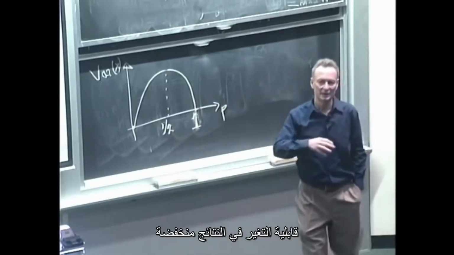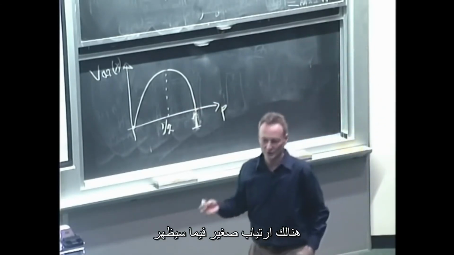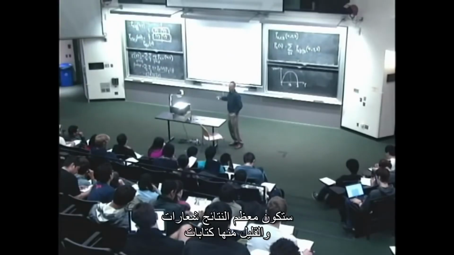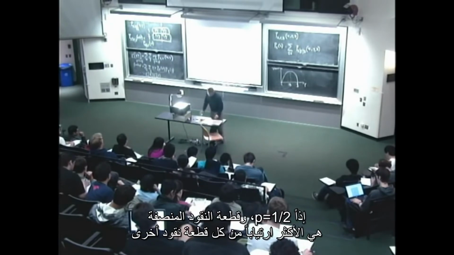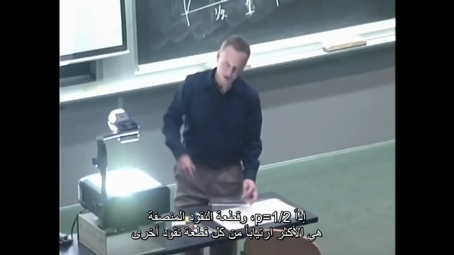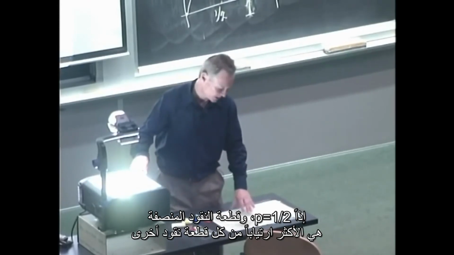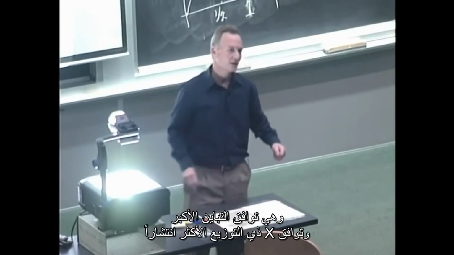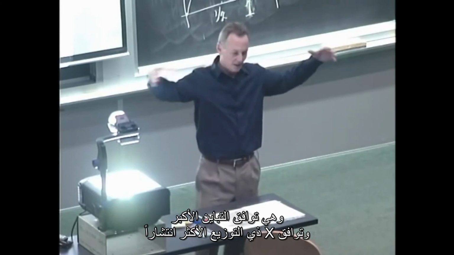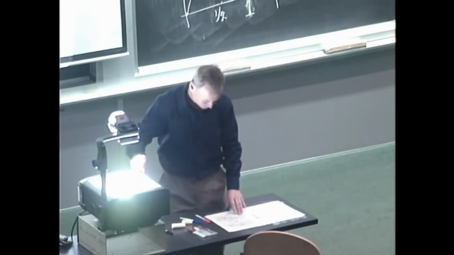There's low variability in the results. There's little uncertainty about what's going to happen. It's going to be mostly heads with some occasional tails. So p equals 1/2, fair coin, is the most uncertain of all coins in some sense, and it corresponds to the biggest variance. It corresponds to an x that has the widest distribution.